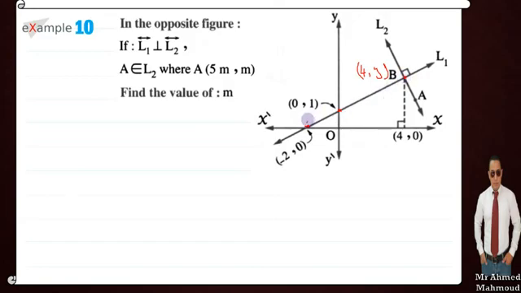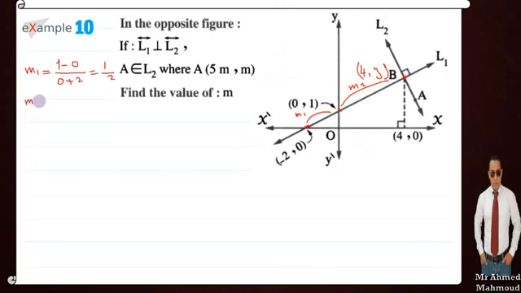I will call this one M1, and I will call this one M2. M1 and M2 are equal because they lie on the same straight line. M1 equals 1 minus 0 over 0 minus 2, or 0 plus 2, which is equal to 1 over 2.